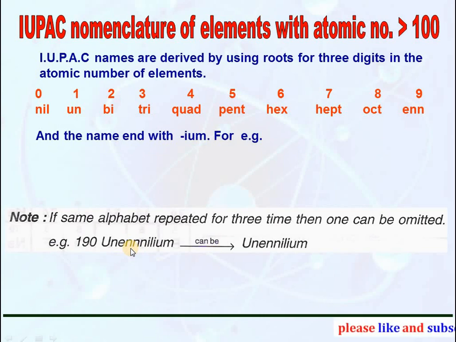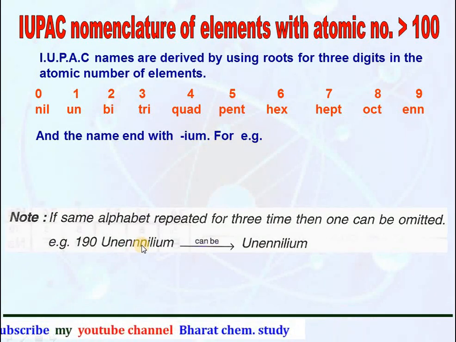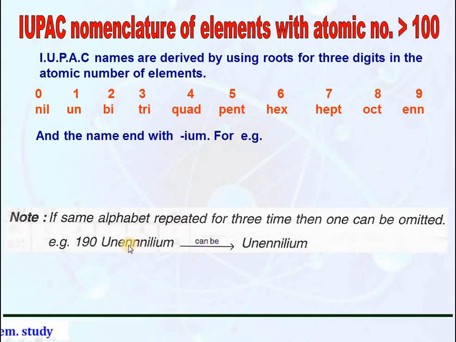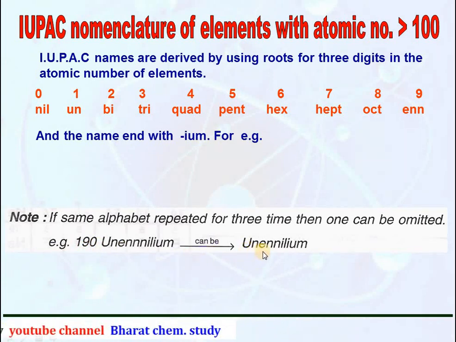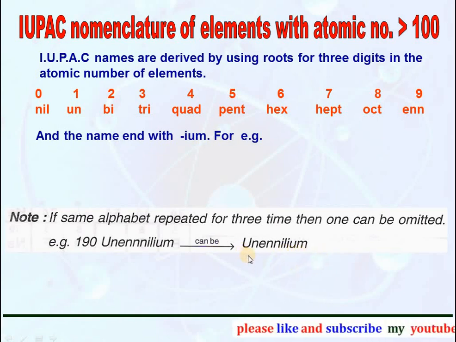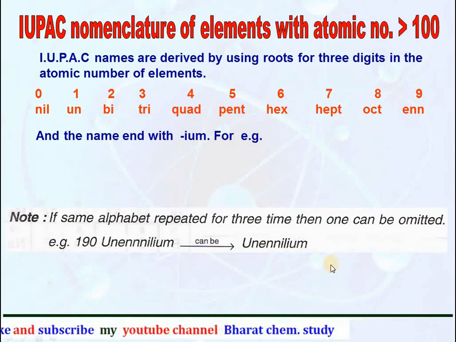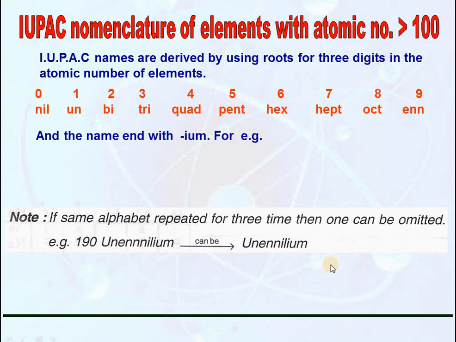So when a letter is repeating thrice, we have to omit one letter and write only 2 letters. So the actual name of the element with atomic number 190 is written as unennilium with 2 n's only, and the symbol becomes capital U small e small n.